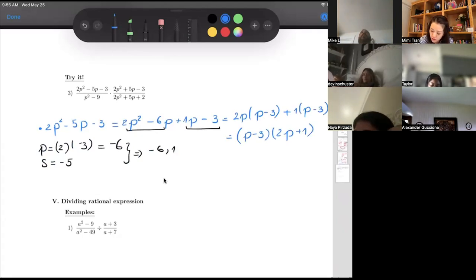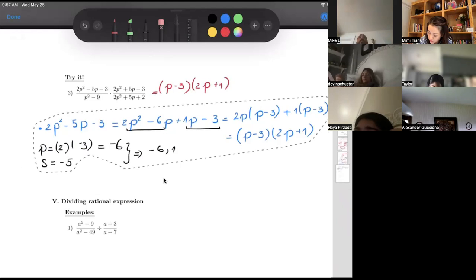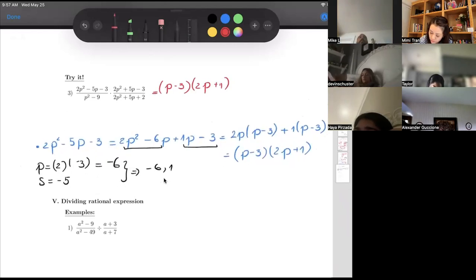For the second and third, you do the same thing, right? So let me rewrite this one. I have p minus 3 and then 2p plus 1. Put this down a little bit. All right, someone factor the bottom for me. P squared minus 9. So it should be easy.